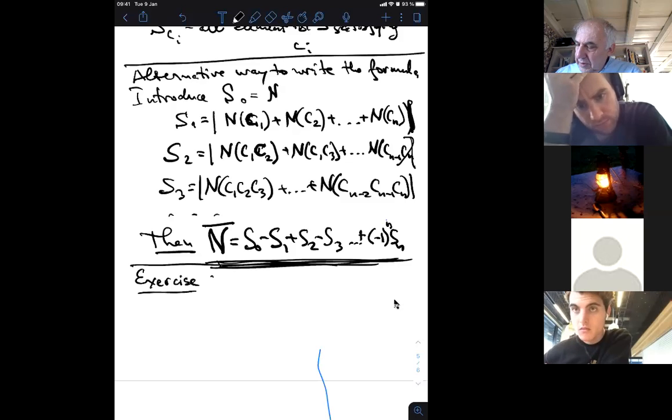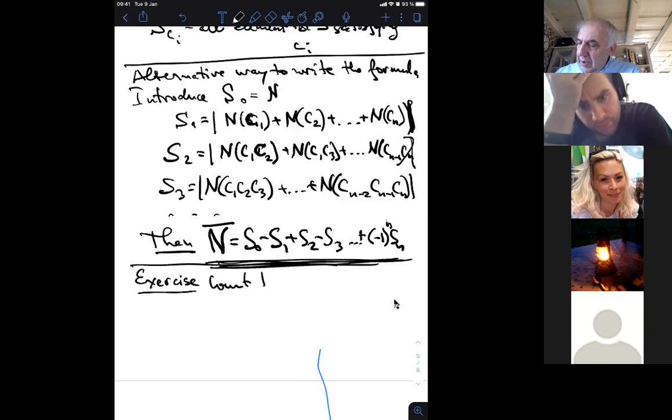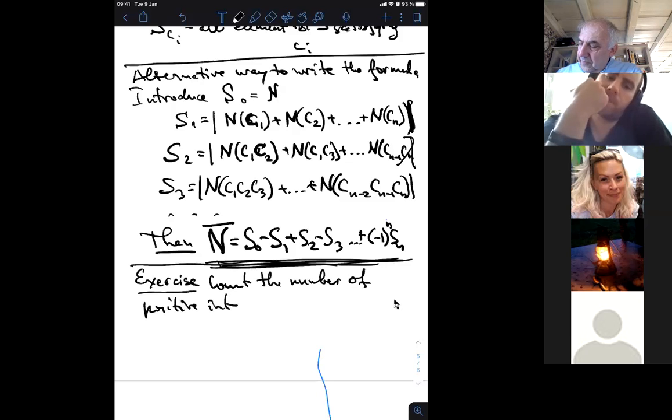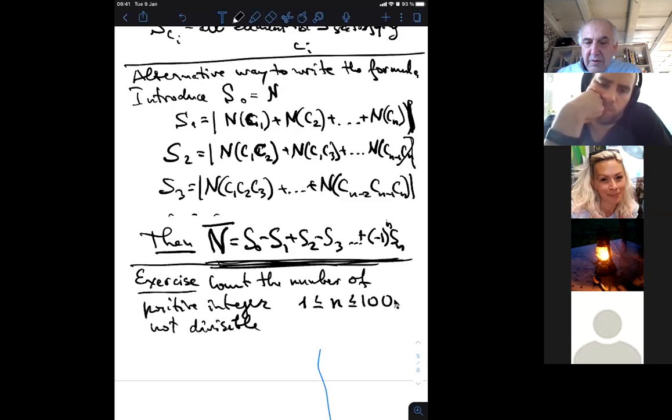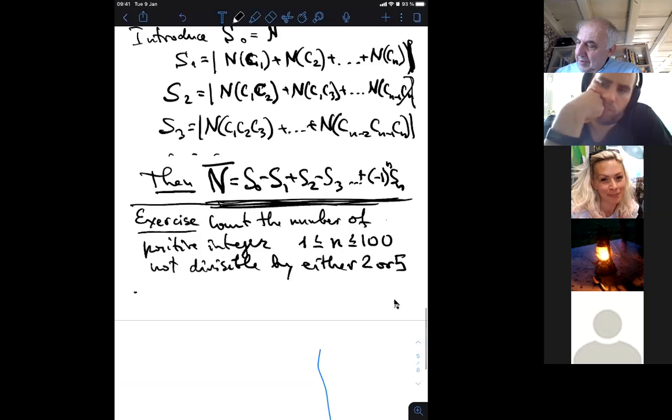Count the number of positive integers between 1 and 100 not divisible by either 2 or 5. Okay, can you do this?